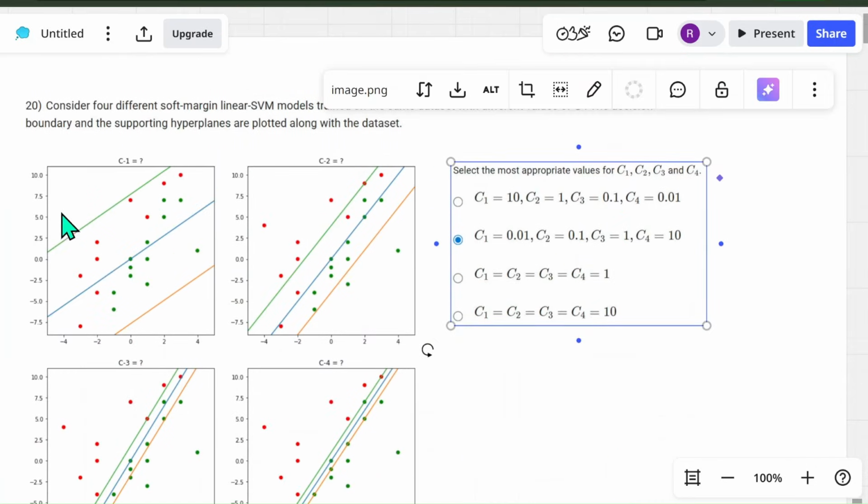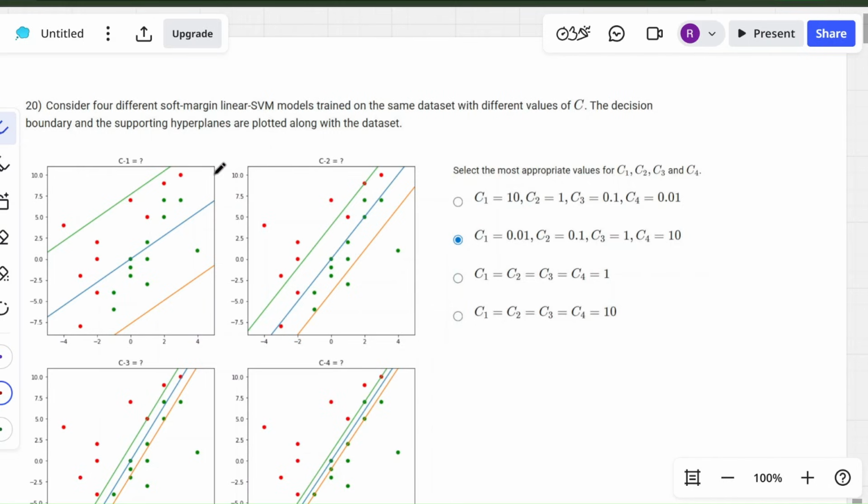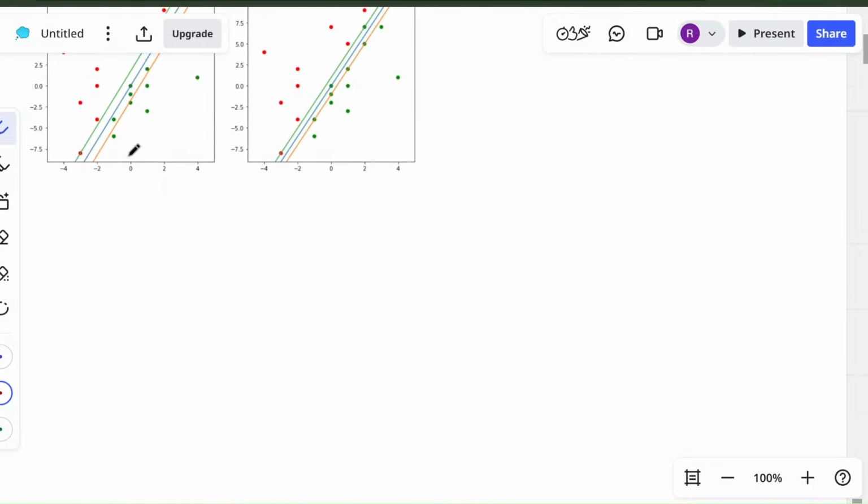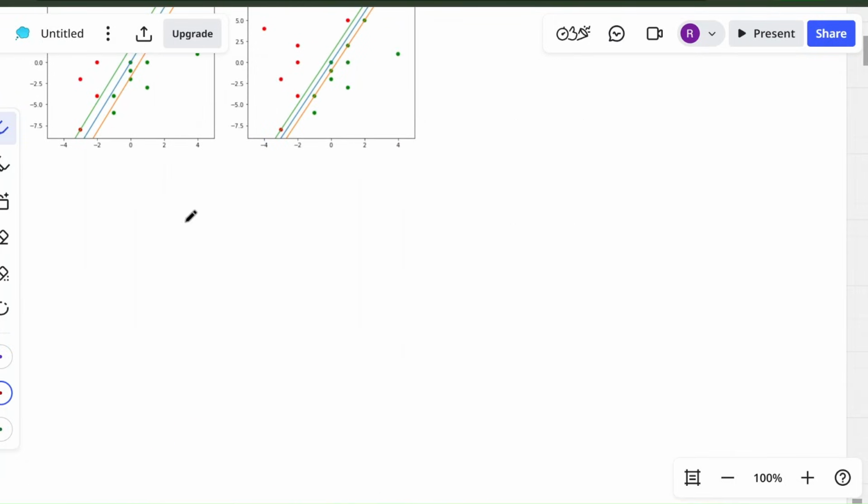Okay, so here we have an interesting question. It asks us to consider 4 different soft margin SVM models. The only difference is that the value of C is different. Let me recall the soft margin problem.